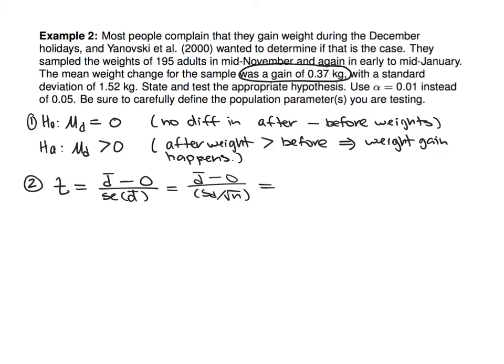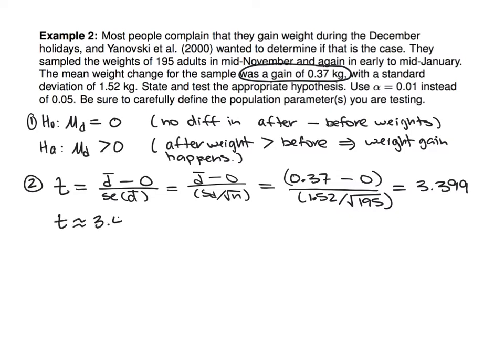Well, in this case, the d bar was 0.37 kilograms over s sub d, which was 1.52, over root 195. So this comes out to be 3.399. Rounding to 2 decimal places, t is about equal to 3.40.